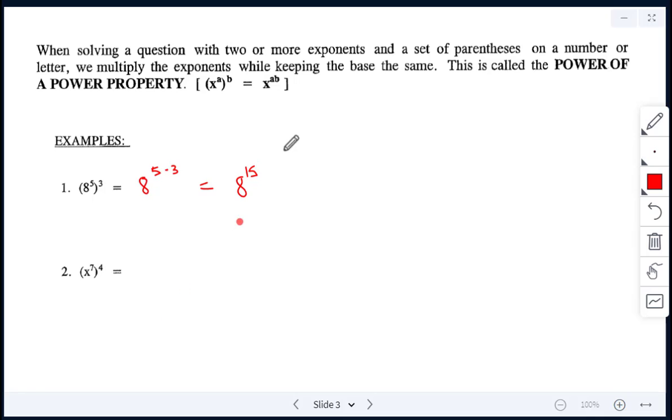This of course can be further put into standard form because we can put 8 to the power of 15 in our calculator, but we are going to leave it in exponential form. This would be a very large number. Okay, so next we have x to the power of 7 to the power of 4, so it becomes x to the power of 7 times 4, which is x to the power of 28.